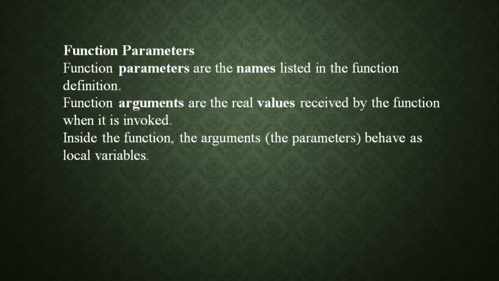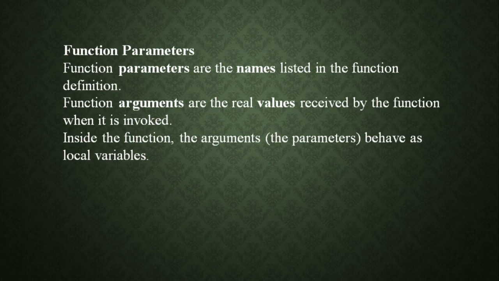Function parameters. Not every function accepts parameters, but there is a facility to pass different parameters while calling a function. These passed parameters can be captured inside the function and any manipulations can be done over these parameters.